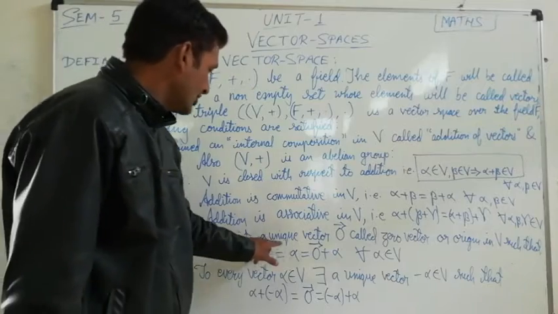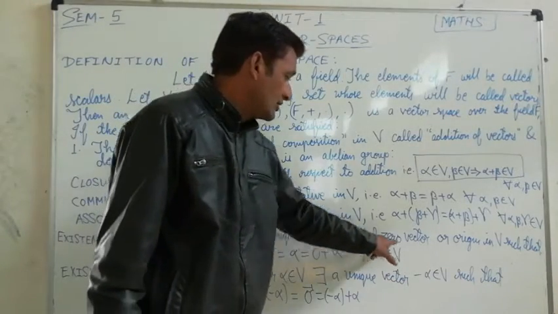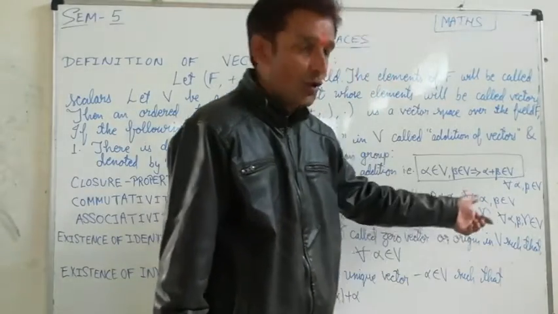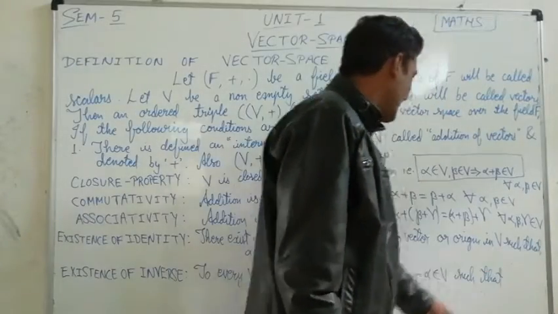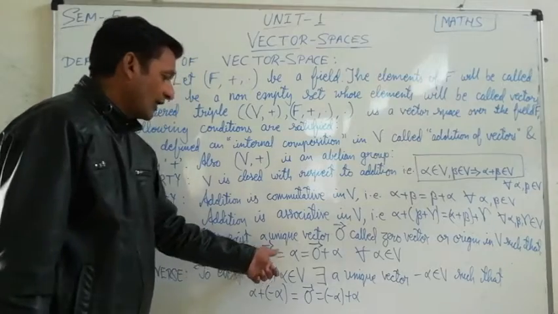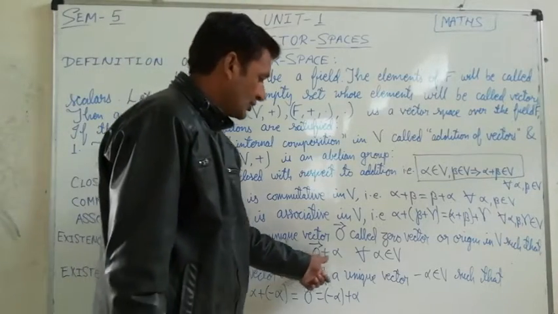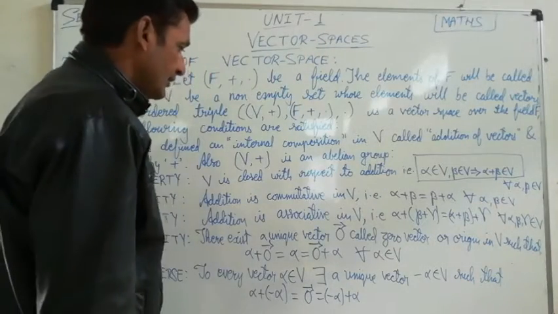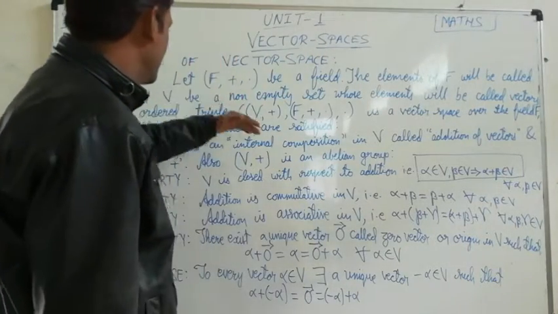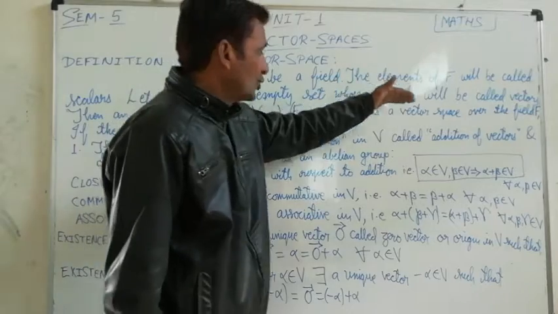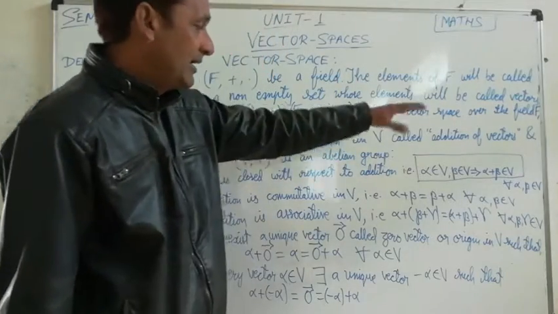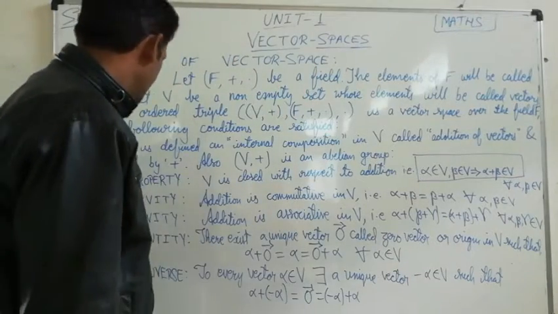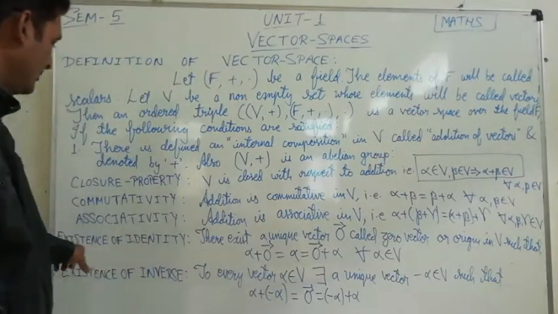So there exists a unique vector called the 0 vector or origin in V, such that alpha plus 0 vector is equal to alpha, which is equal to 0 vector plus alpha, for all alpha in V. Here again V is a non-empty set whose elements are called vectors. So here we have explained the existence of identity.